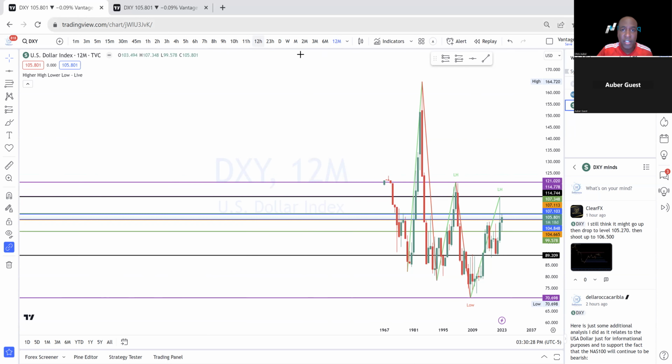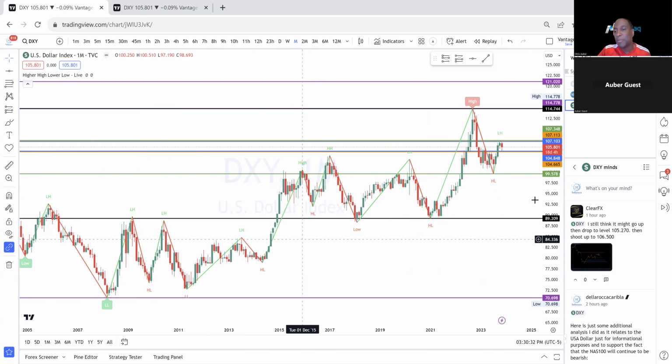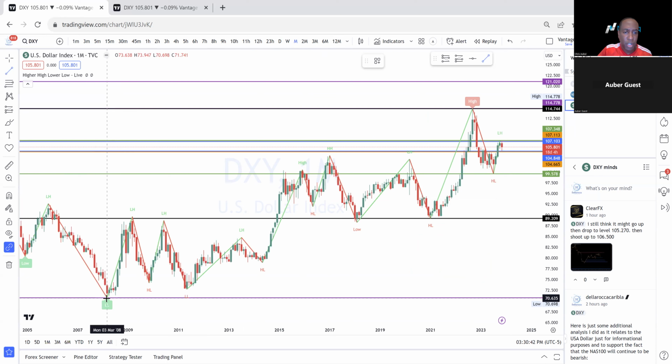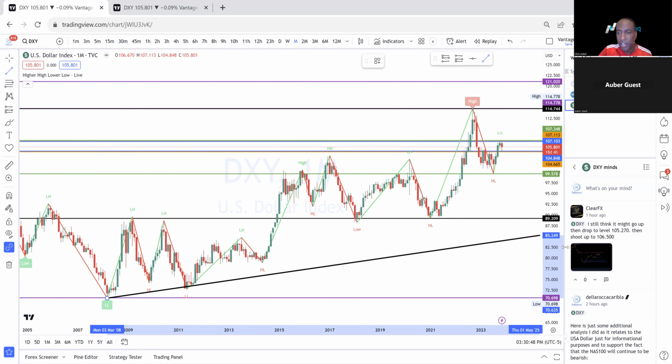Now let's check it. Say we're on the monthly. Yes, the monthly is in fact making higher lows, higher highs. You can always draw your trend lines, like I mentioned to you. This is the lowest point it has gone. Just connect 2 points, and you will see that the market has been trending up ever since.